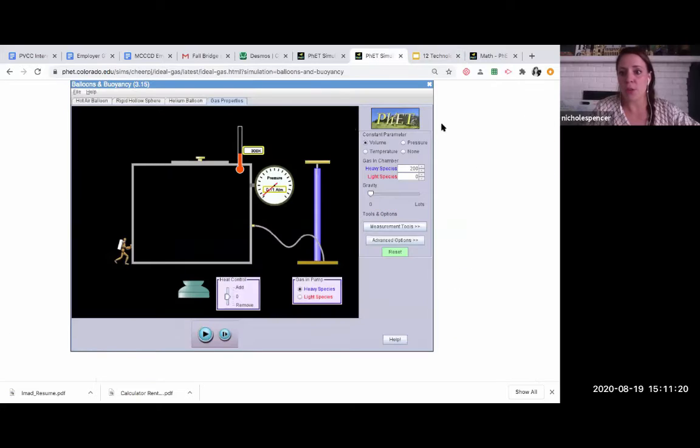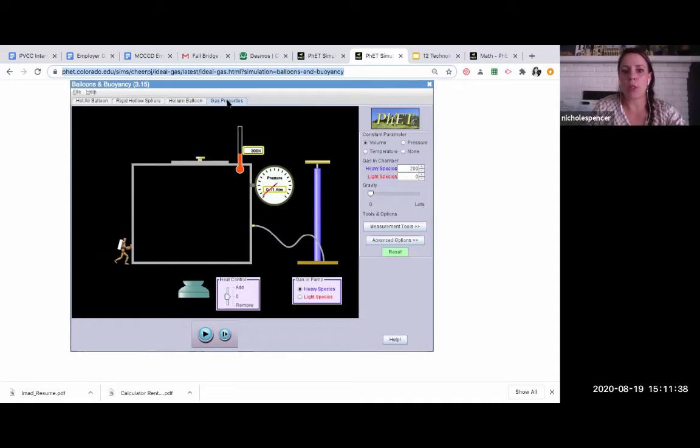So I know there's only 3 of us on the call, but what I'm going to do is put this in the chat box, and you can just copy this link, paste it into your browser, and you'll be able to open this up. When you do, I want to point out a few things. You'll automatically be put on the hot air balloon tab.